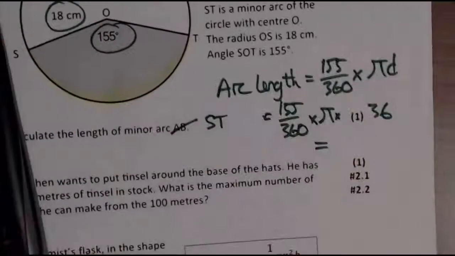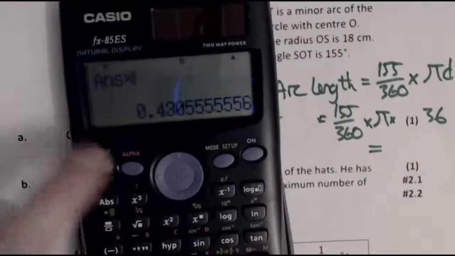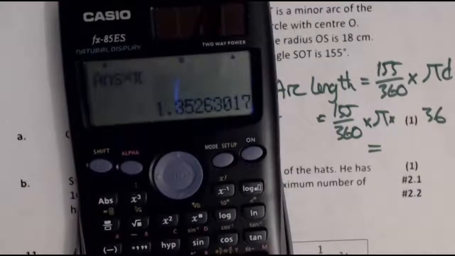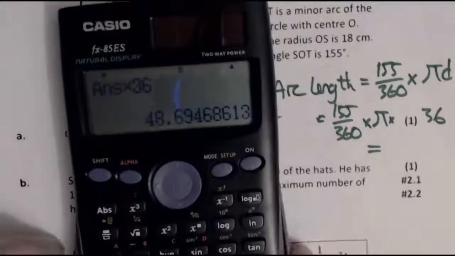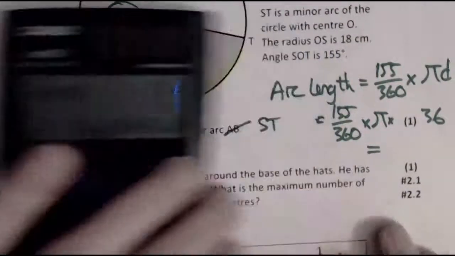So what we do is 155, probably when you actually see the calculator, divide by 360, times that by pi, times by 36, and that's the size of it, 48.7 we'll say.